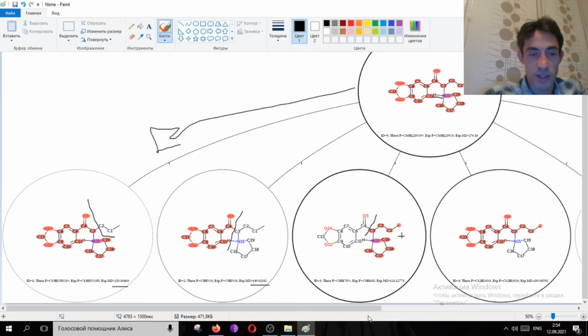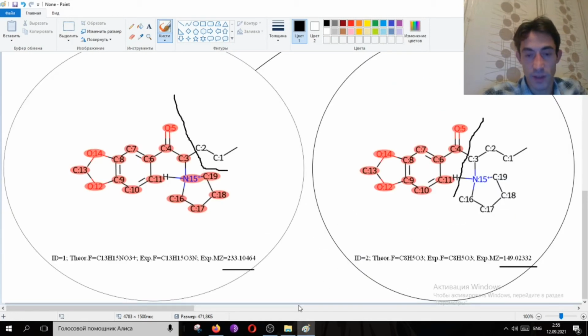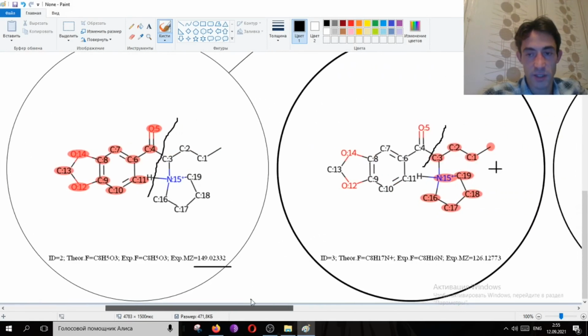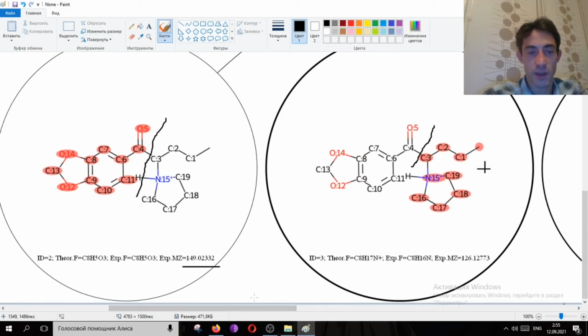There is an interesting observation which can be made regarding protomers. Let's consider these two fragments. Here you can pay attention to such labels: theoretical formula and experimental formula. And here, theoretical formula and experimental formula. What's the theoretical formula?